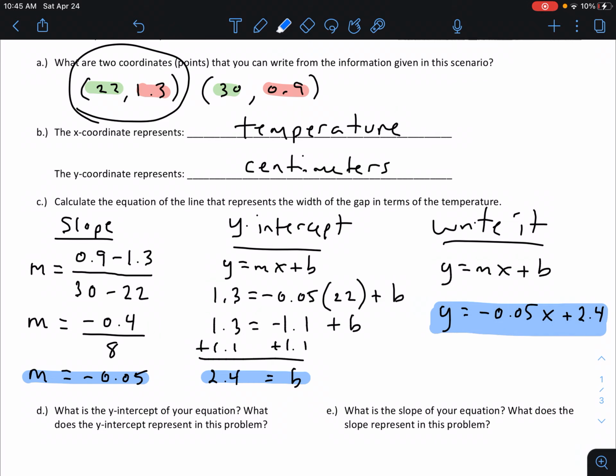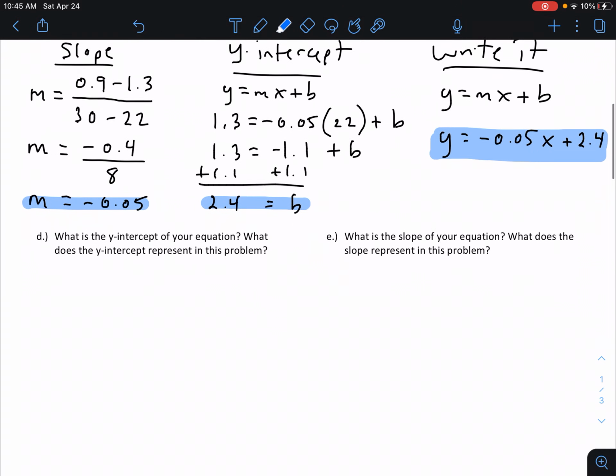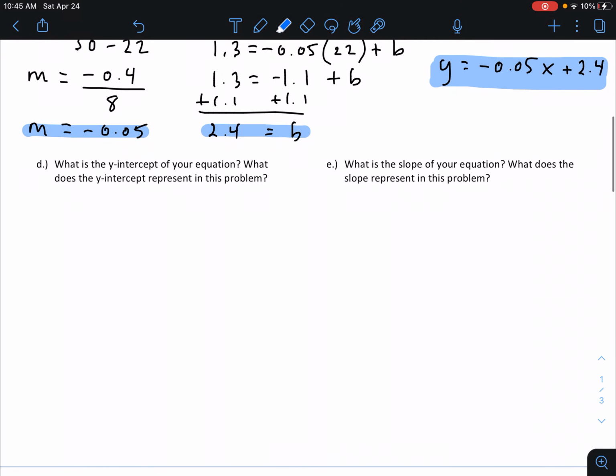Okay, a couple of questions here. What's the y-intercept? Well, we found the y-intercept, and this time I'm going to actually write it as a point. It's 0 and 2.4. And we've got to be a little bit careful with this one because everything up until now, the y-intercept has been the beginning, right?